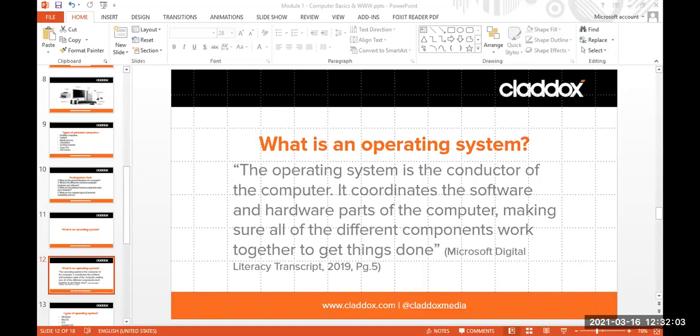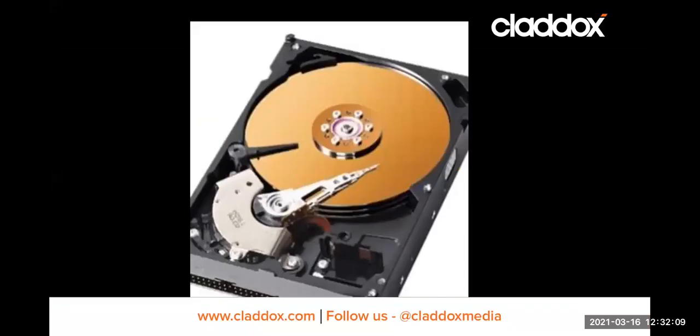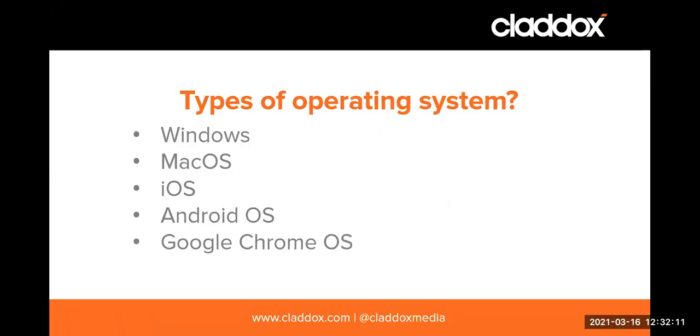Okay, let's see this again. Now, we have different types of operating system. You have your Windows operating system, which is the one I'm making use of now. And that is the most common type of operating system. Then you have your Mac OS.